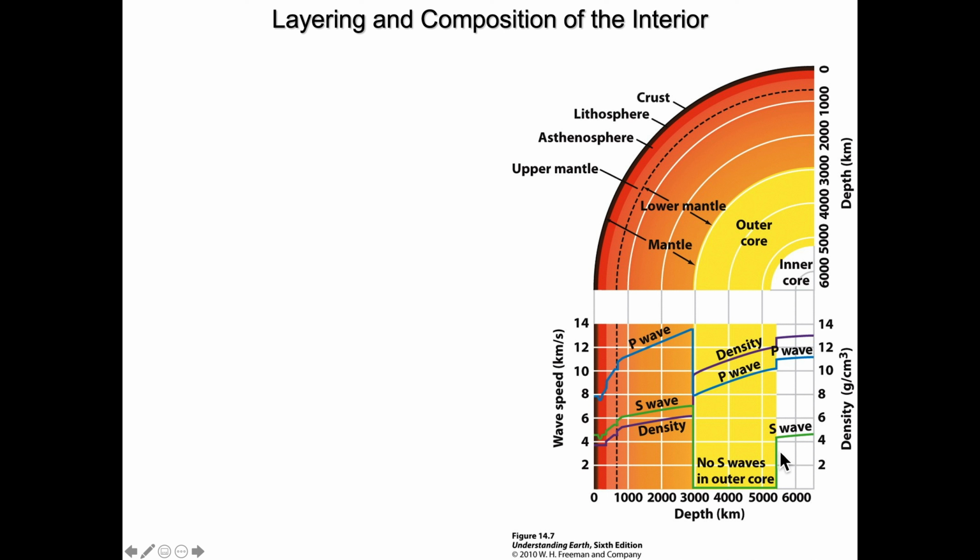Now they can appear again in the Earth's inner core, which is solid, which seems a bit mysterious, except the source of the energy generating this S wave that suddenly appears in the inner core, surrounded by liquid which it can't travel through, is a P wave. The P waves travel through the liquid, they strike the inner core, and they generate an altered P wave, and they also generate a new S wave.